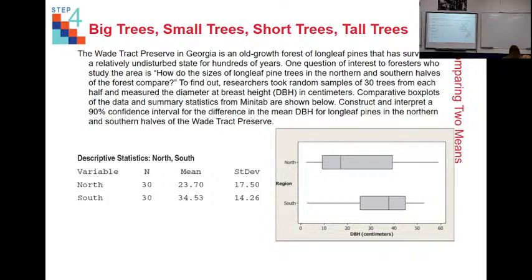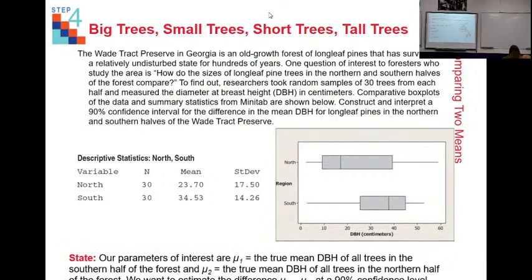What are the 2 different samples? It's the north half of the forest and the south half of the forest. So our step 1 is going to look like this: a 90% confidence interval to estimate the mean difference, and define your variables. The first mean is the north end, the second mean is the south end. That's your step 1.